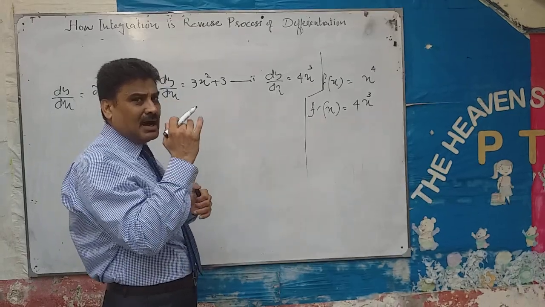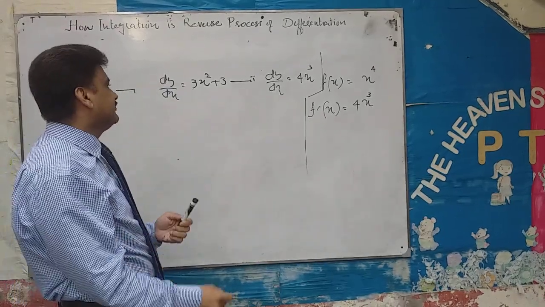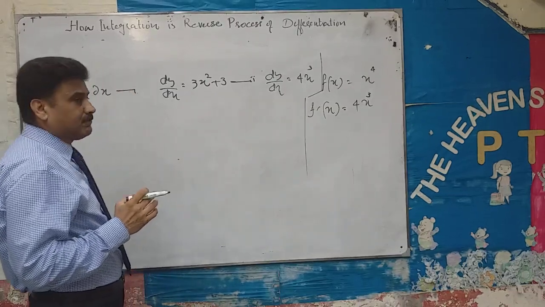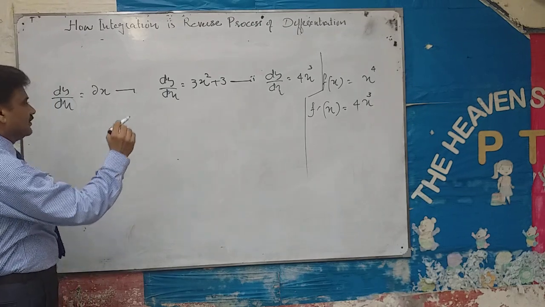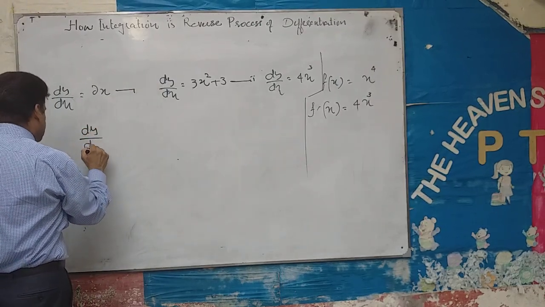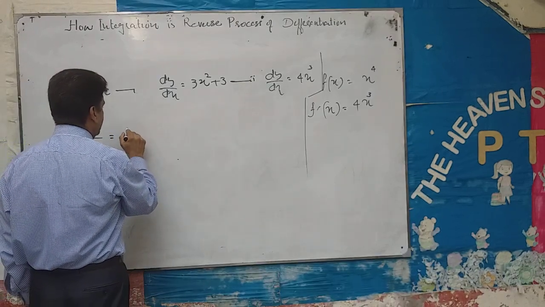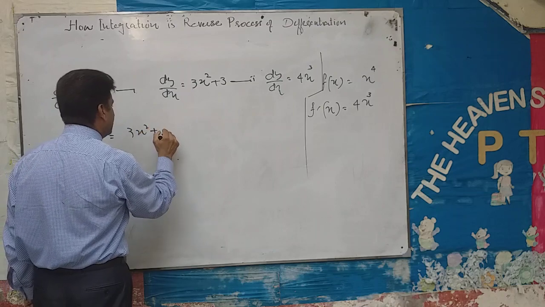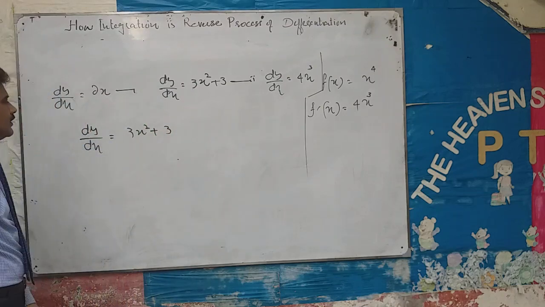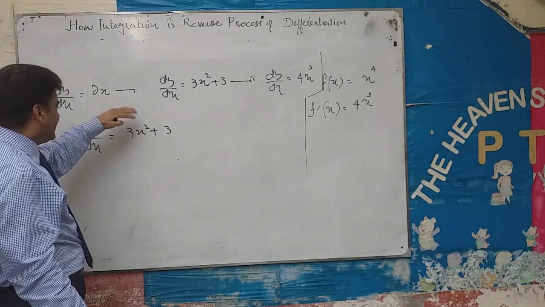In an integration problem, we have to find the function whose derivative is given. For example, there is a gradient function dy by dx is equal to 3x square plus 3. We have to find the actual function whose gradient function is this.